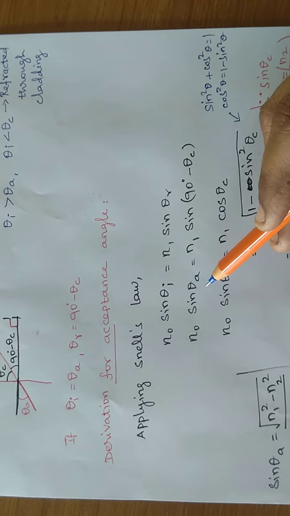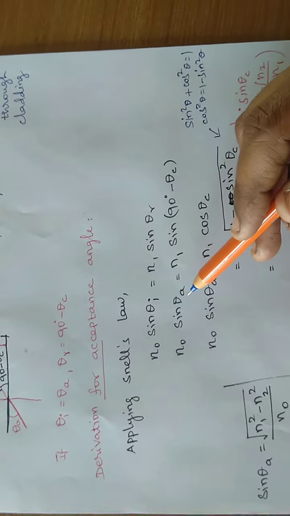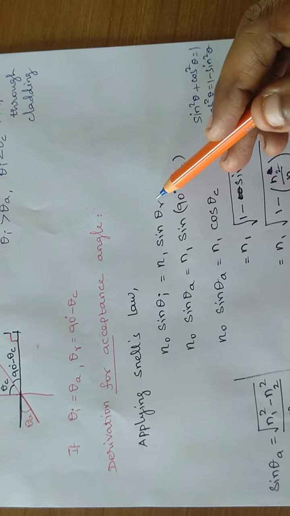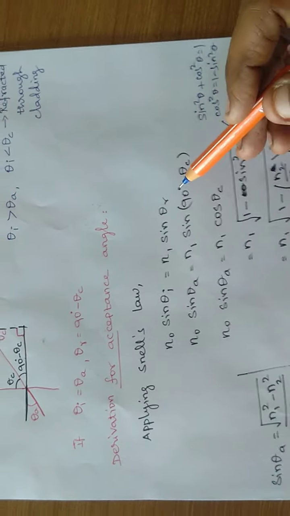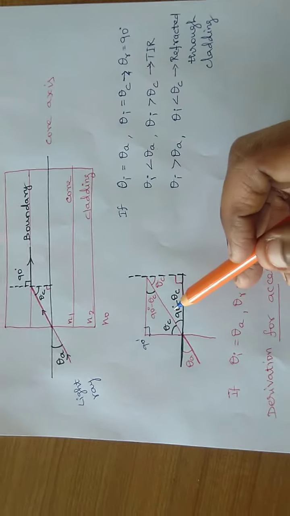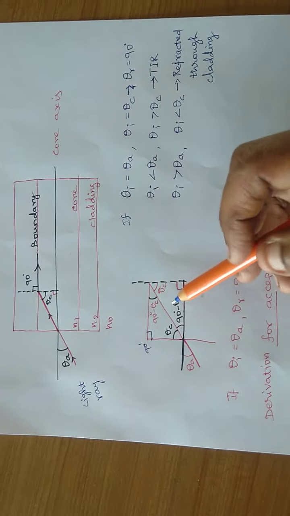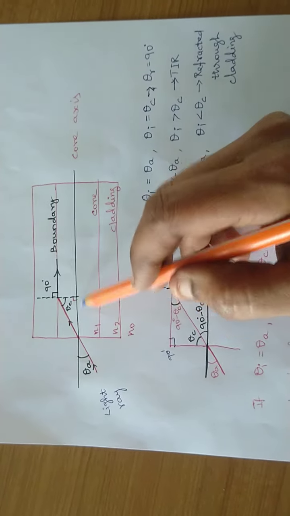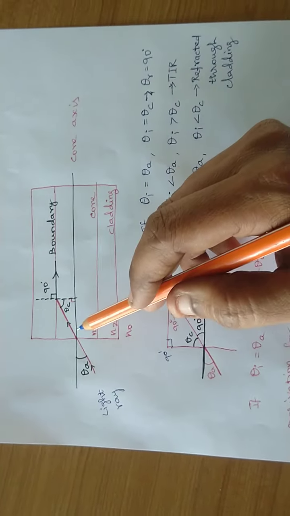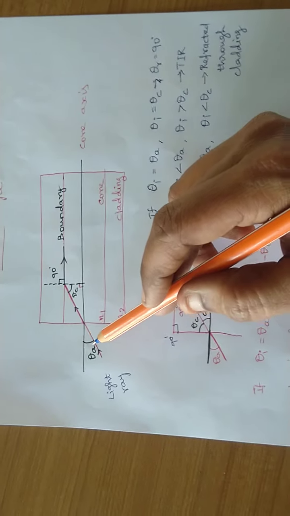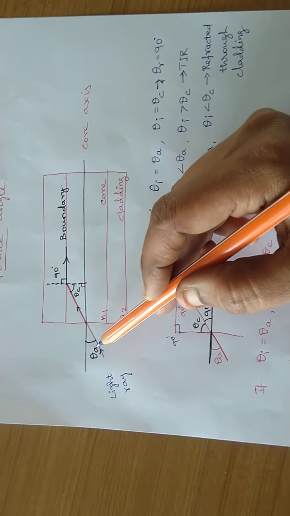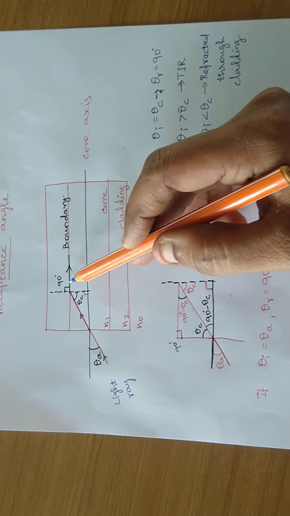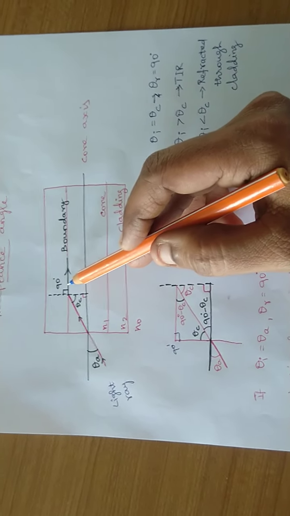When the light ray is incident at an angle equal to the acceptance angle, what about the angle of refraction? This angle of refraction will be derived from the diagram. We can draw this diagram from this one, just considering this portion only. Suppose the light ray is incident at the acceptance angle, then definitely here the incident angle will be the critical angle and the angle of refraction will be 90 degrees.